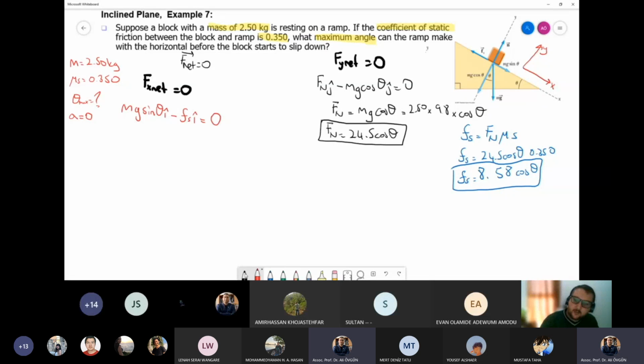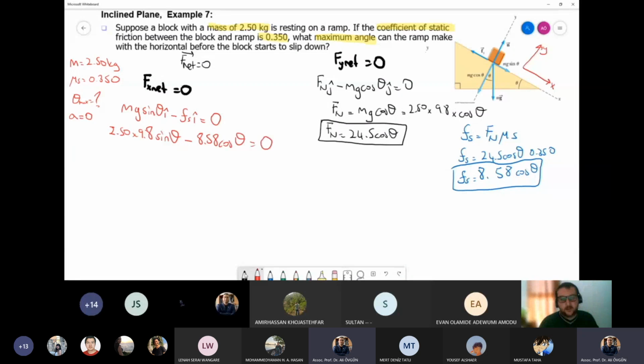So what is Fs? We already found it. And m is 2.50 times 9.8 sine theta minus 8.58 cosine theta equals 0.